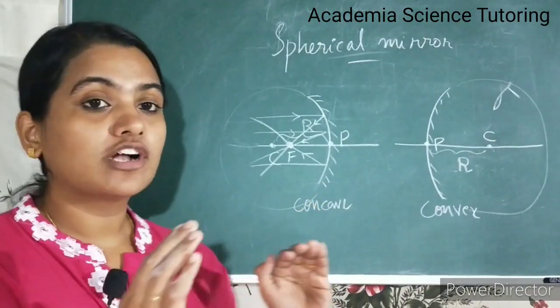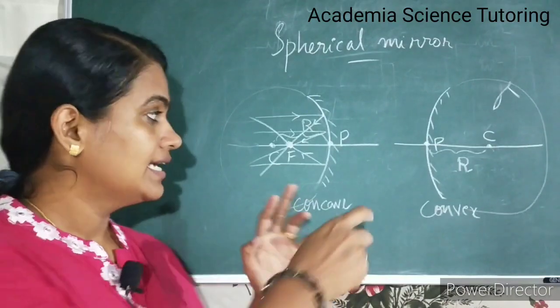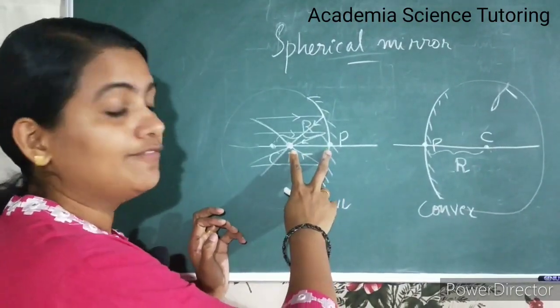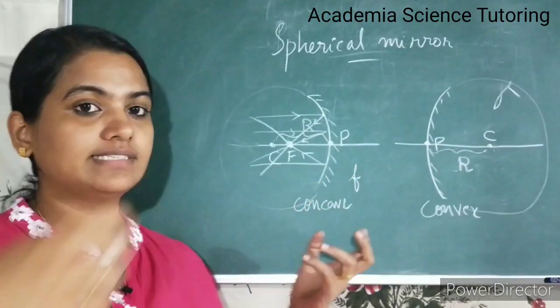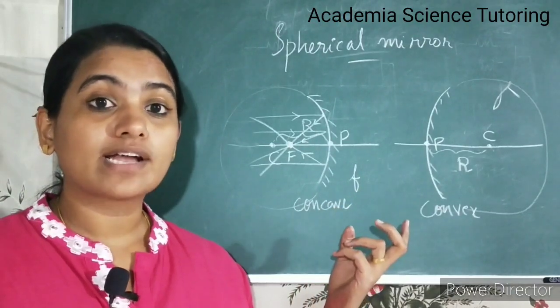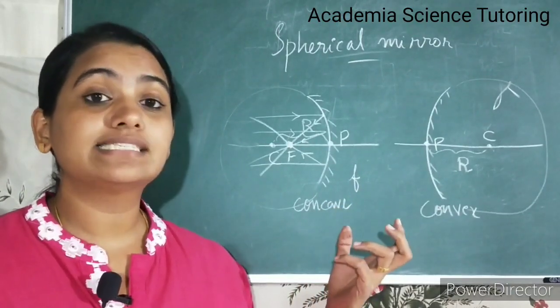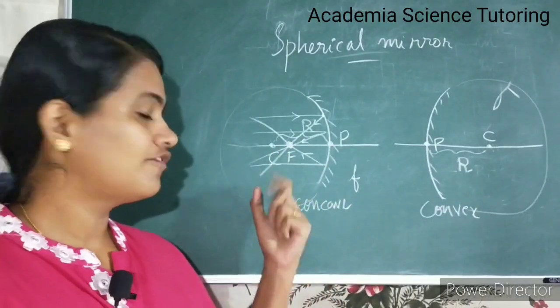The next term is focal length. Focal length is the distance between the pole and the focus. It is represented by small letter f. This is the focal length of the mirror, which is the distance between the pole and the focus.